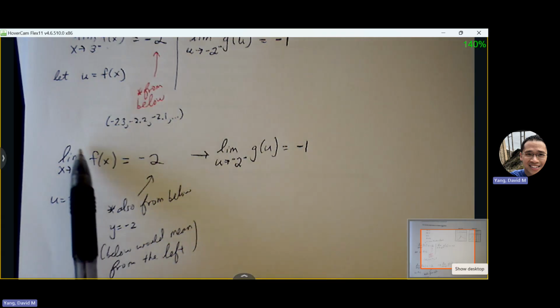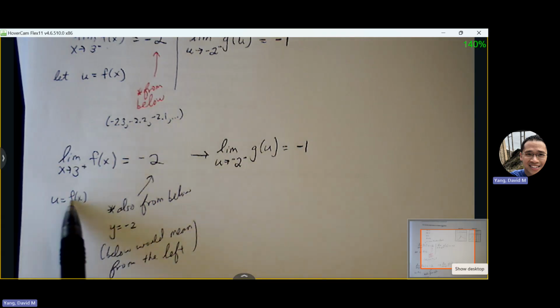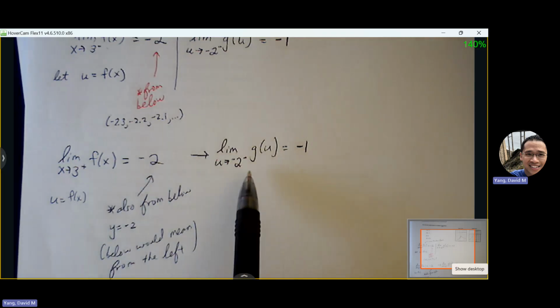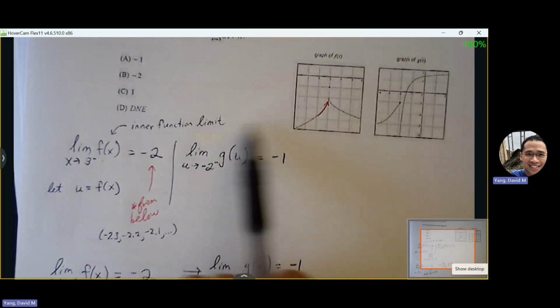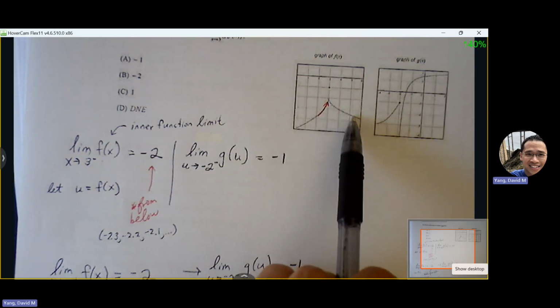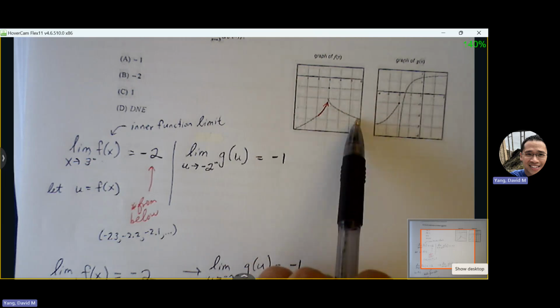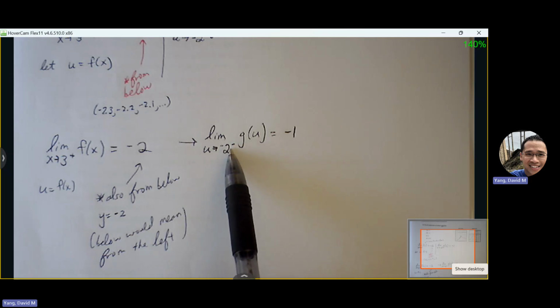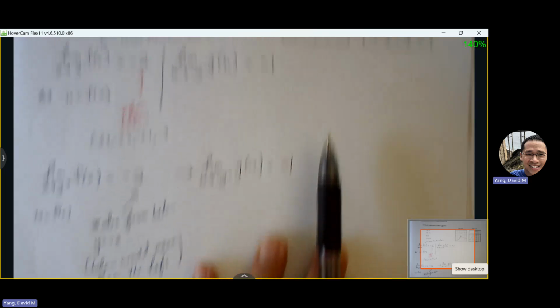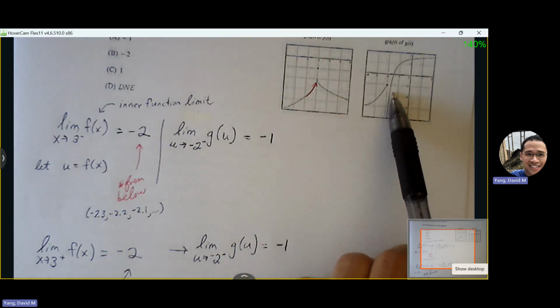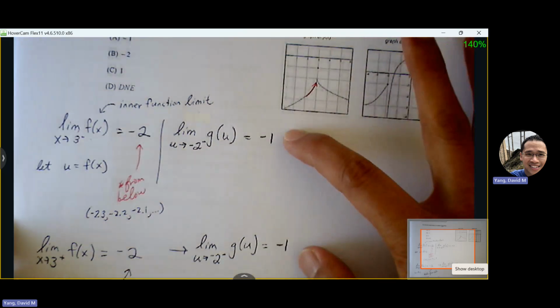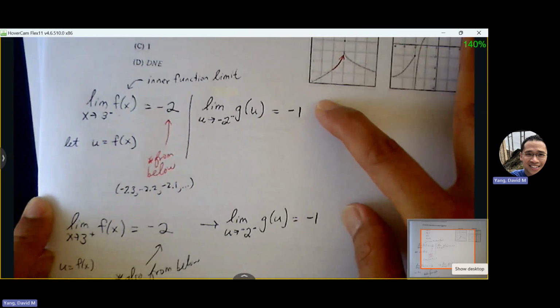So if we make a substitution and let u be f of x, and u is approaching -2, this is also approaching -2 from below -2. I know it's kind of strange because we're talking about the y value here. So this is also approaching -2 from the left side of -2, which is also approaching -1. And so therefore the limit is -1, because these are both in agreement.